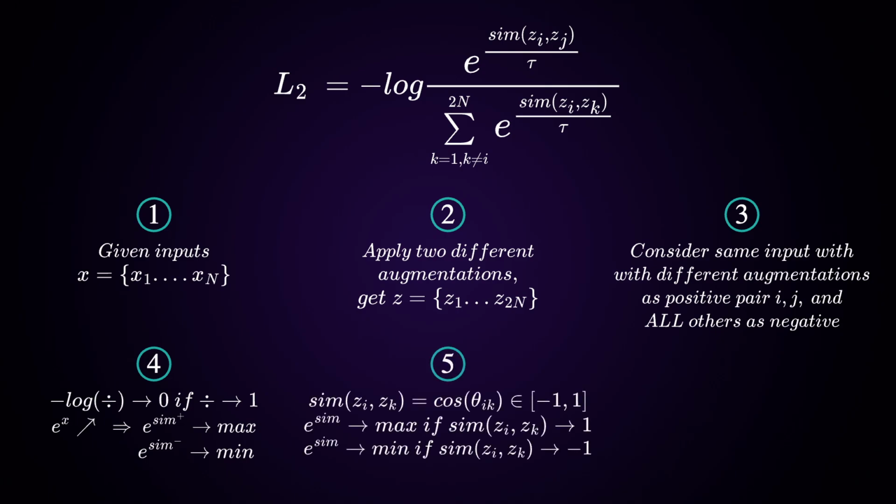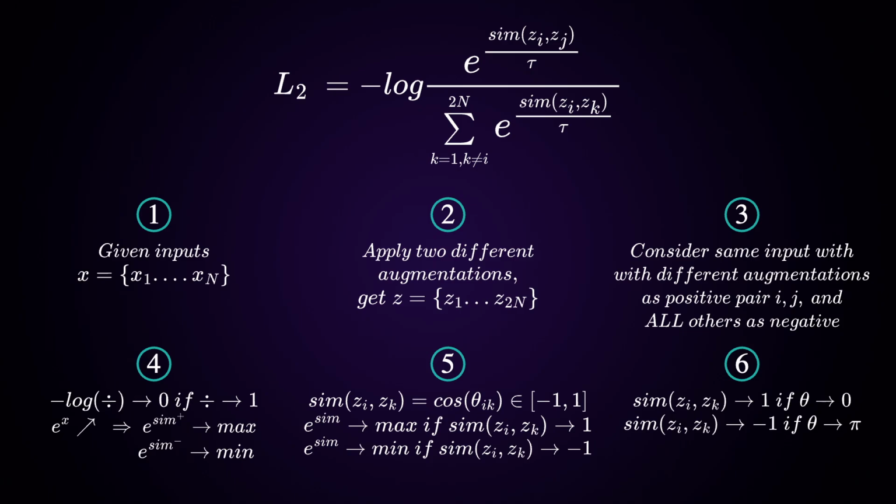Cosine similarity is the cosine of an angle between two vectors, and is bounded between -1 and 1. And since e to the power of x is increasing, we need to push cosine similarity to 1 to maximize the exponential expression, and to -1 to minimize it. Cosine is 1 when the angle between two vectors is 0, and -1 when vectors are pointing in opposite directions.